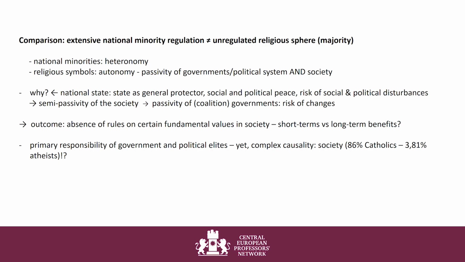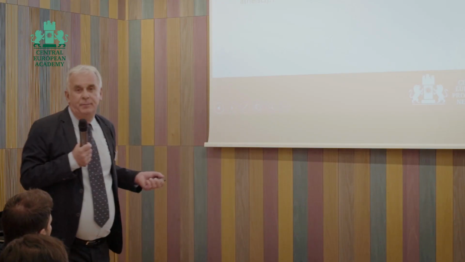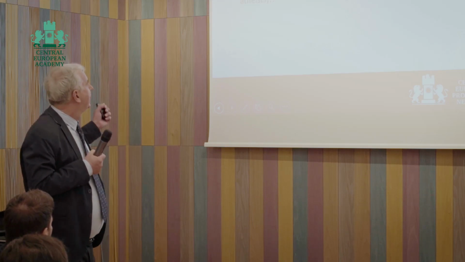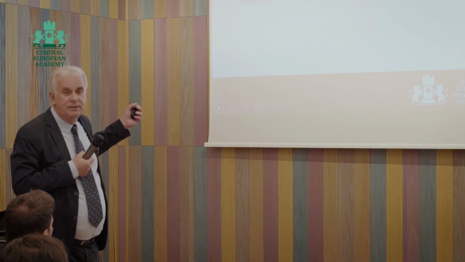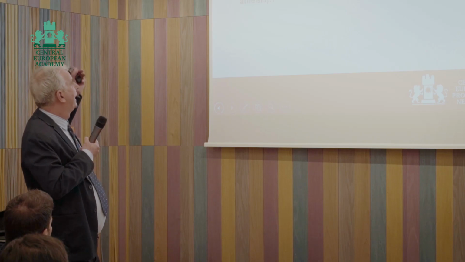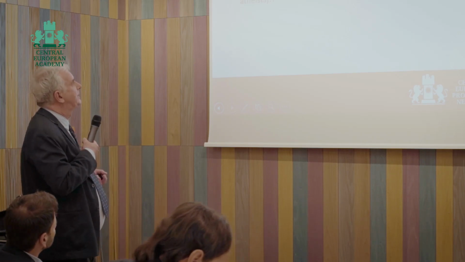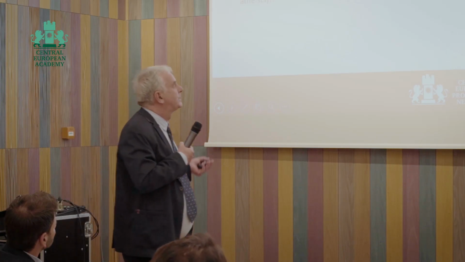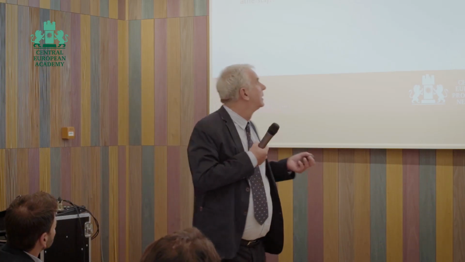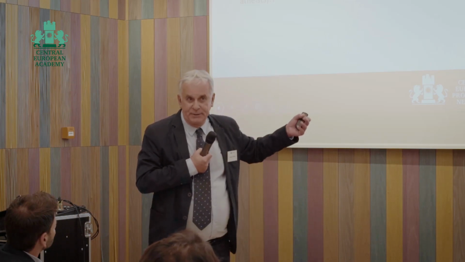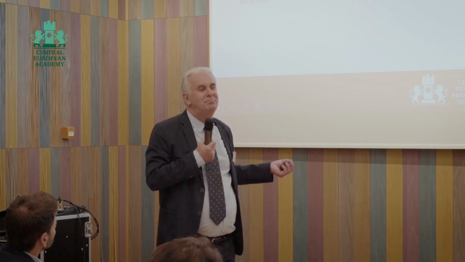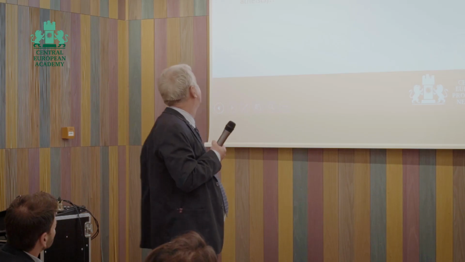And it is related to the passivity of governments and the political system primarily, but society too. So why? I would say that again, the answer might be the national state that served as a general protector, that grants social and political peace, and that nobody wants to risk social and political disturbances. Not only in governments, that you can understand, but also in society.